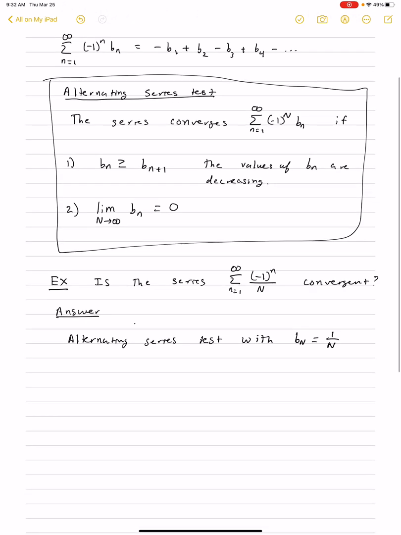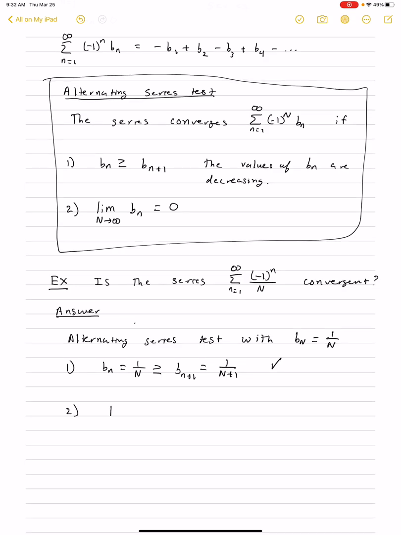Okay, so the first thing that we're going to check is that b sub n, which is 1 over n, is bigger than or equal to b of n plus 1, which would be 1 over n plus 1. Well, that's true. n has to be an integer starting at 1 or bigger, so this is always true for those values.